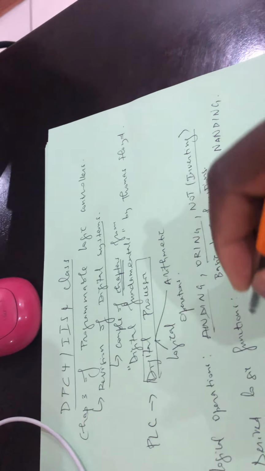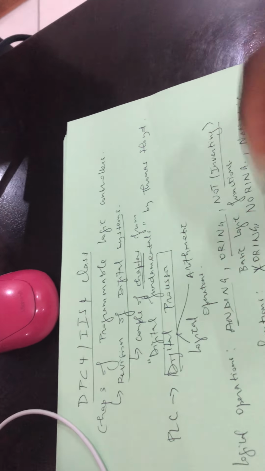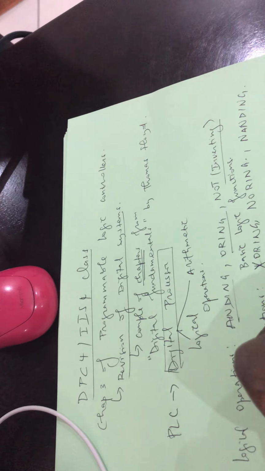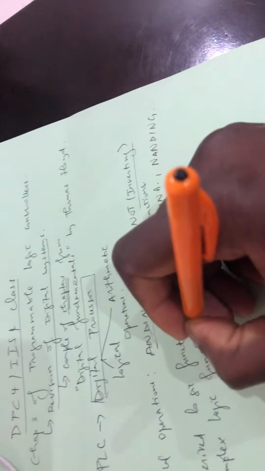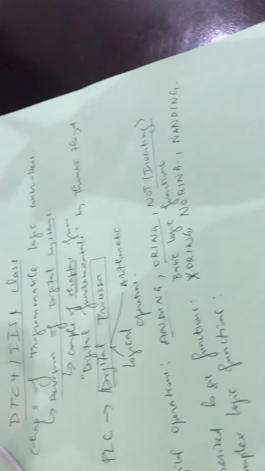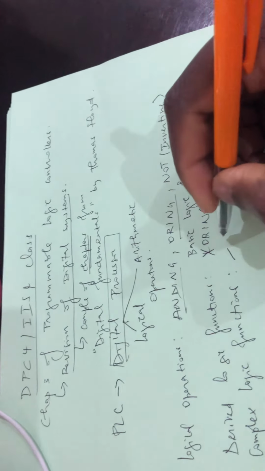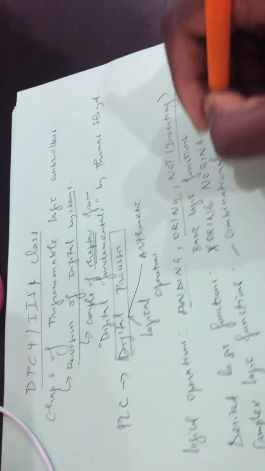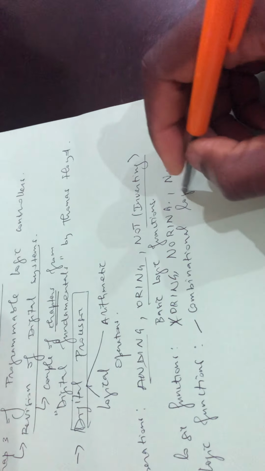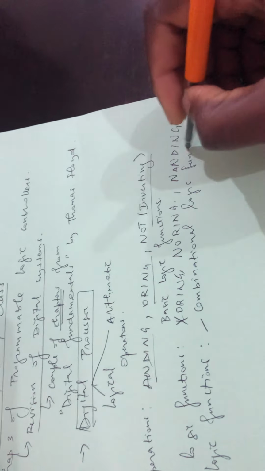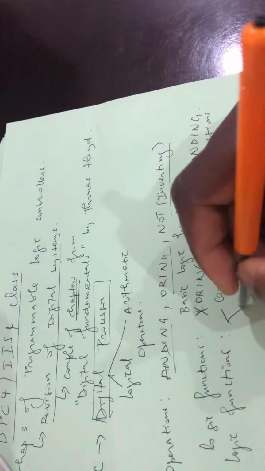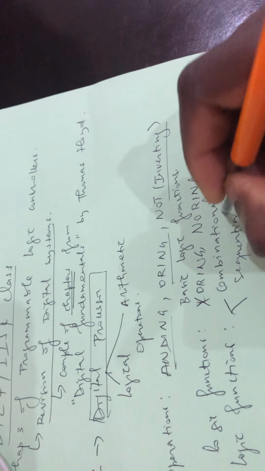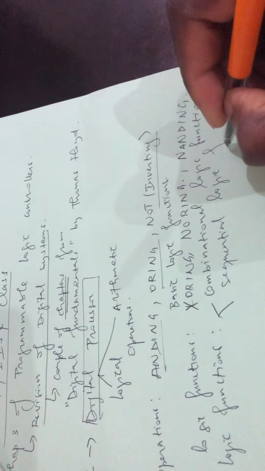And as it becomes more and more complex, you can get as far as very complex logic functions, which can be categorized into two. We can have what we call combinational logic functions on one end, and we can have what we call sequential logic functions.